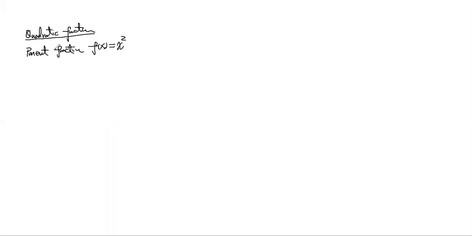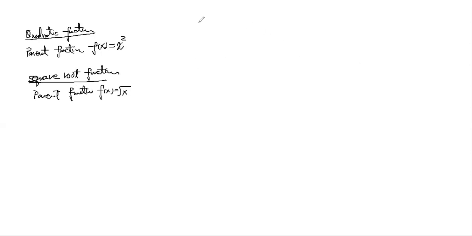We call this the parent function. At the same time, when we talk about the quadratic, the inverse of the quadratic is the square root. So we're also going to talk about the square root functions, and we're going to graph both of them at the same time. What do we mean by the parent function? That means it's just a pure x by itself, right? So this is a parent function.